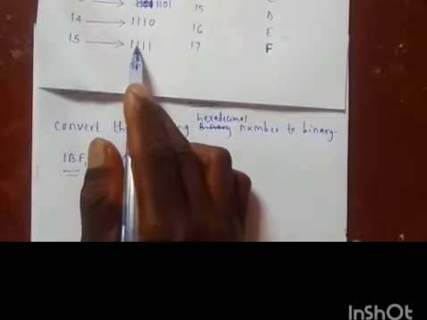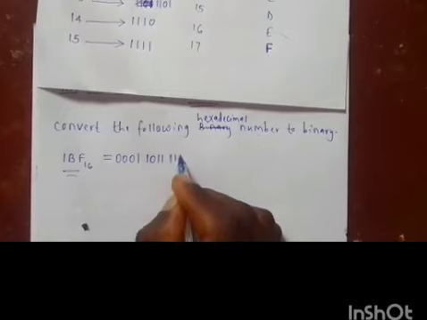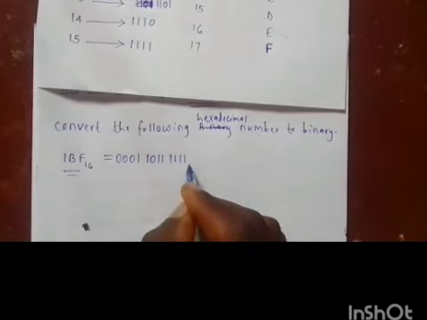Then F is represented as 1111. So that is the binary number of this hexadecimal number.